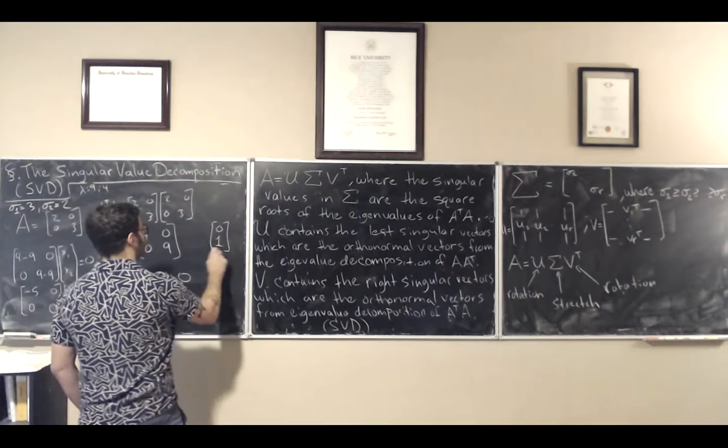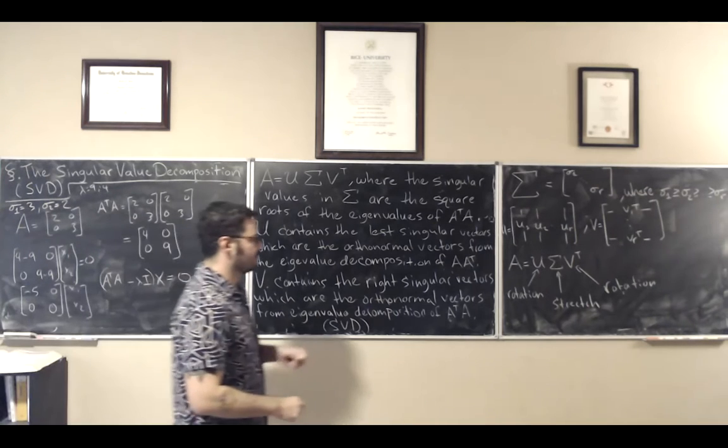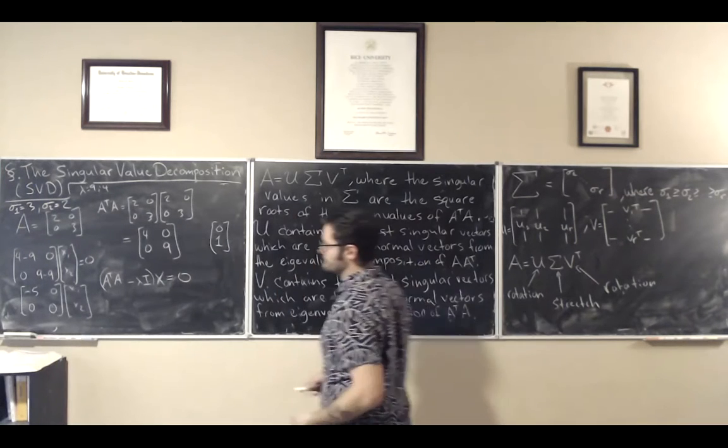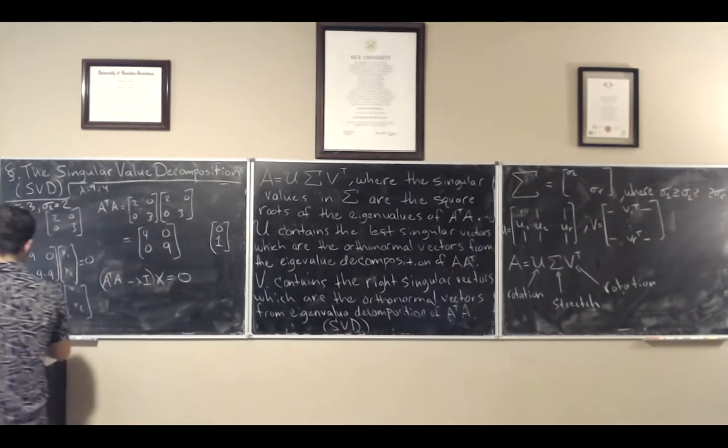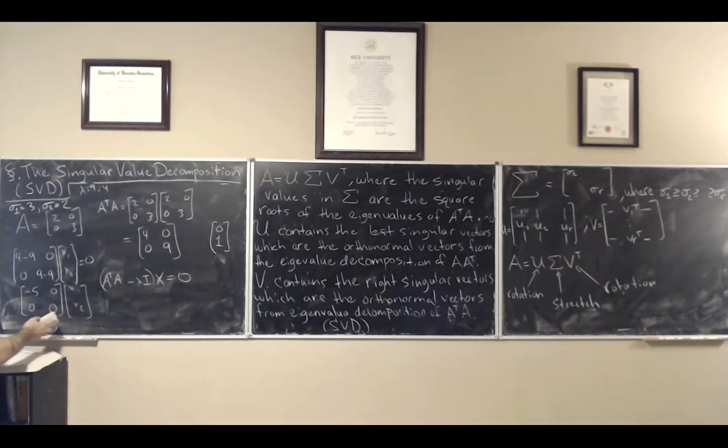0, 1, right? So 0 of this column plus 1 of that column. I said I was tired earlier. I didn't realize that the 0 vector wasn't the only solution. And this has unit length too, so that's good.